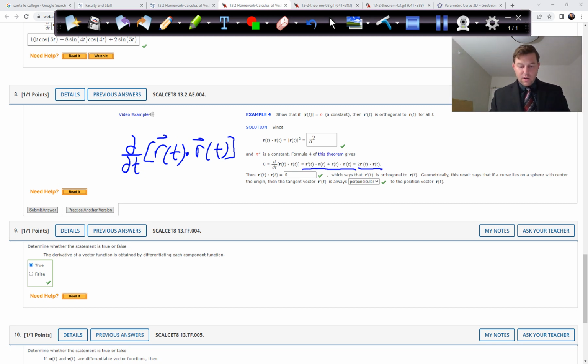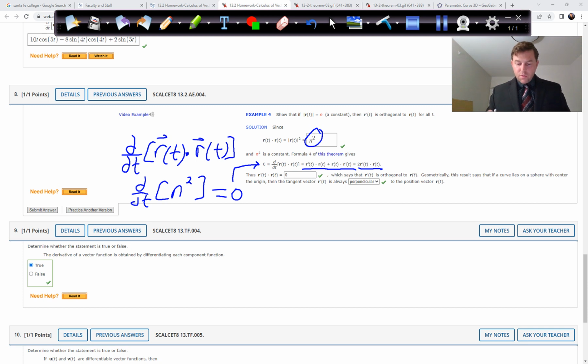But what is r dot r? R dot r is n squared. So this says the derivative with respect to t of some constant, well, that has to be 0. The derivative of any constant is 0, and n squared is a constant, so that's how they got that 0 right there.